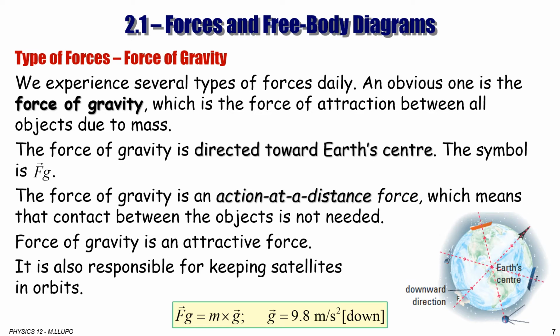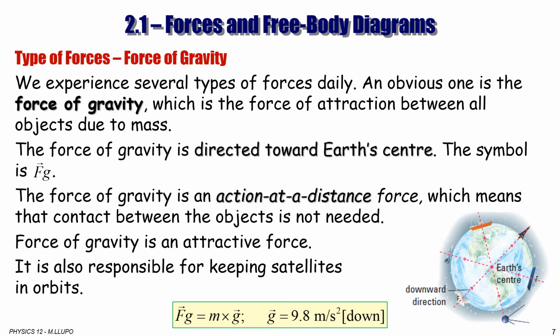We experience several types of forces daily. An obvious one is the force of gravity, which is the force of attraction between all objects due to mass. The force of gravity is directed toward Earth's center and the symbol is Fg. The force of gravity is an action at a distance force, which means that contact between objects is not needed. Force of gravity is an attraction force only.